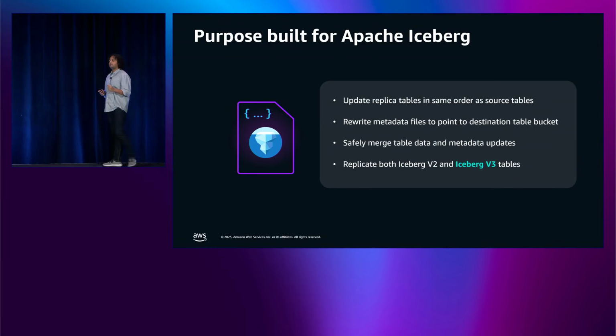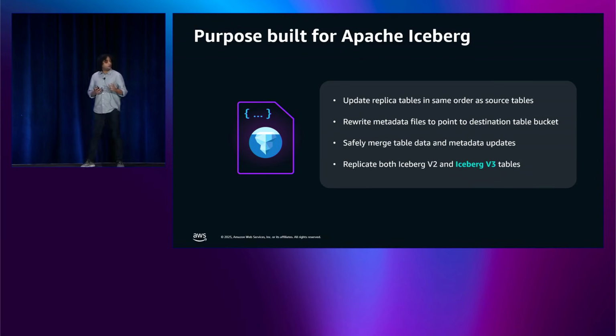So what that means is snapshot 5 will always appear after snapshots 1 through 4 are replicated. Second, we make sure that when we are replicating the metadata files, all the paths where we refer to the data files themselves are transformed and point to the replica bucket. And this is a huge simplifier because we know today customers spend a lot of custom code making those transformations as you move the metadata files.